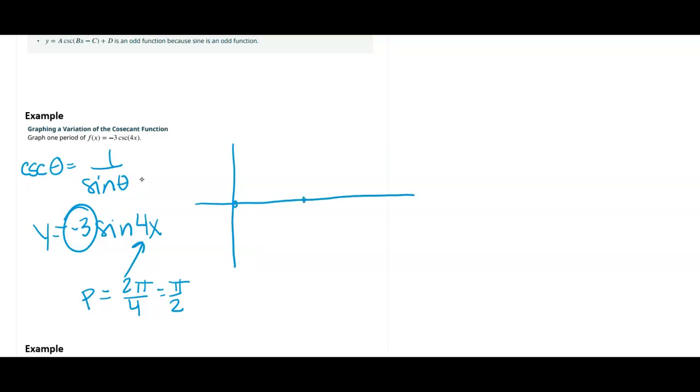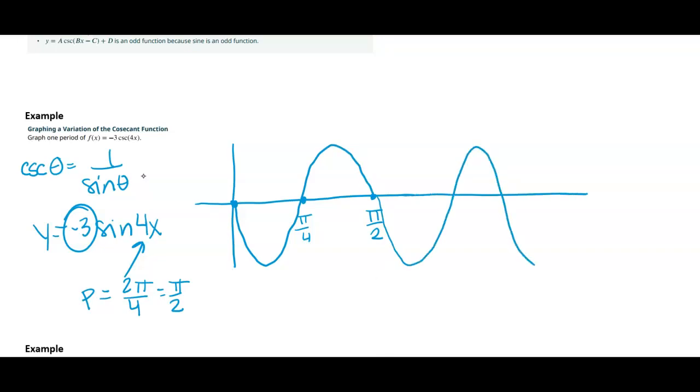So what would normally go from 0 to 2 pi is going to go from 0 to pi over 2, which means halfway would be pi over 4. And instead of having my sine curve go this way, I have a -3, so my sine curve is going to go like so. And then you can keep going if you want to for multiple pieces.